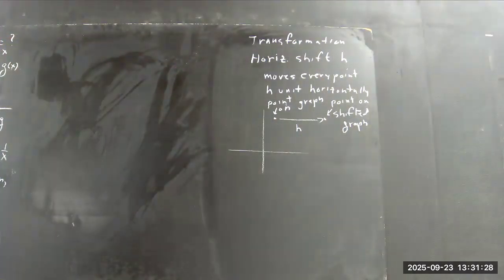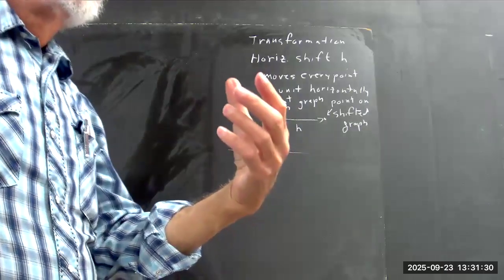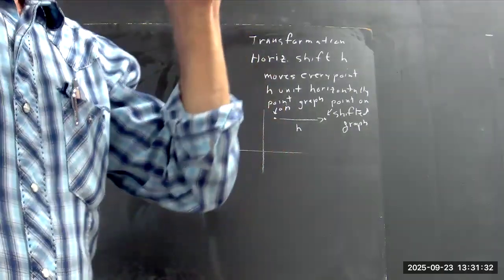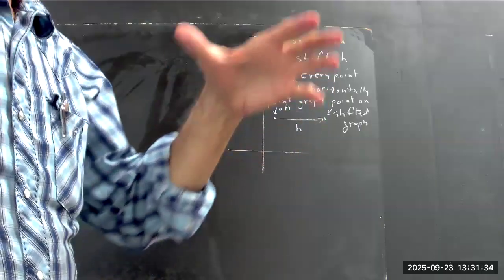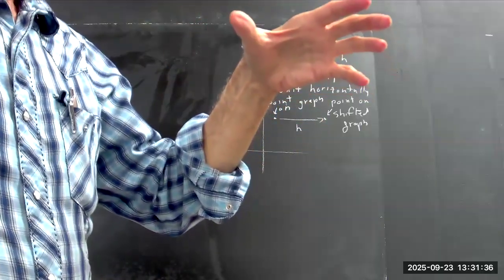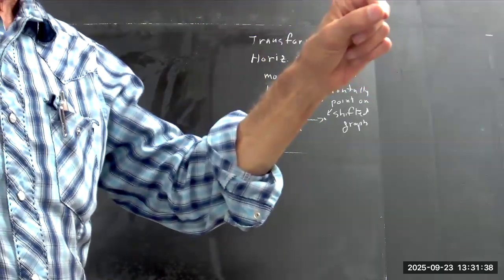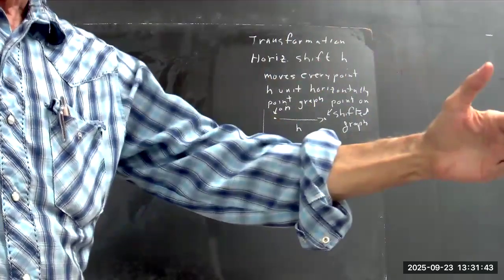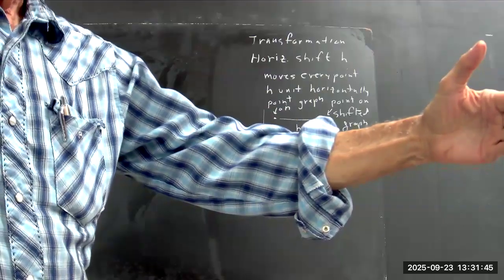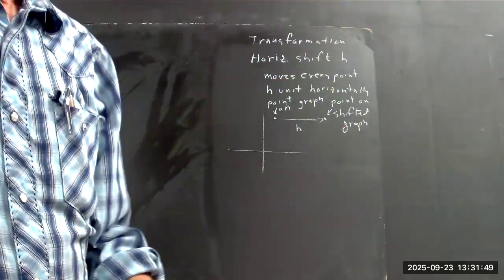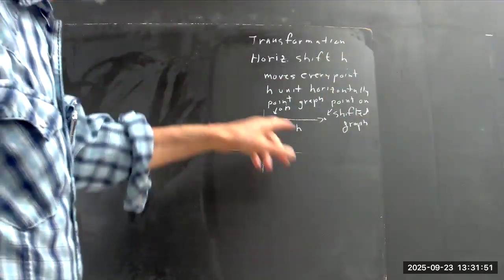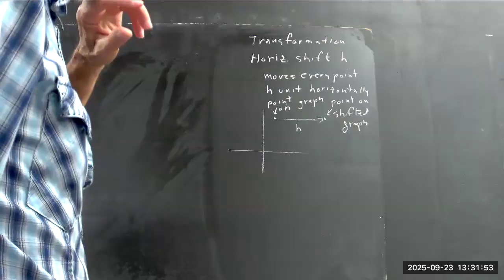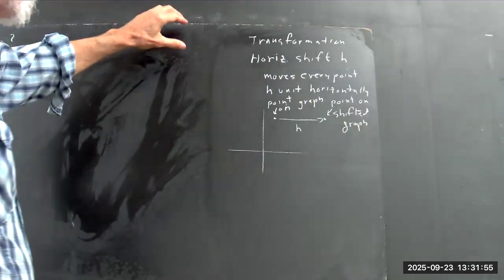Now, with the basic toolkit functions, if I ask you to do a function in a 4x4 box where the red dot is at (h, k), that means your toolkit function has been shifted h units horizontally and k units vertically. Every point of the graph has to be shifted by the same amount.